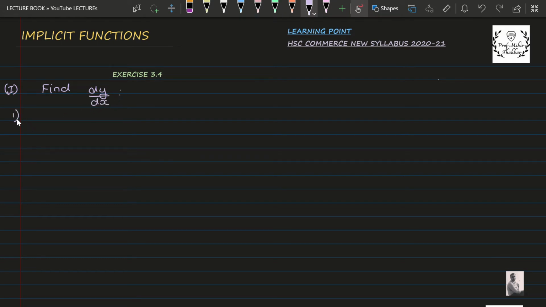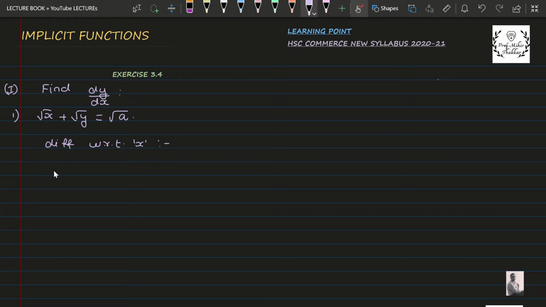Under that, the first one is root x plus root y is equal to root a. In order to find the derivative, we will say differentiating with respect to x.